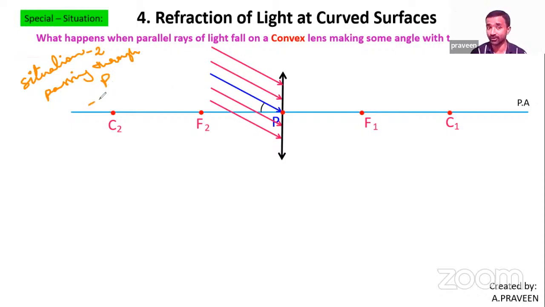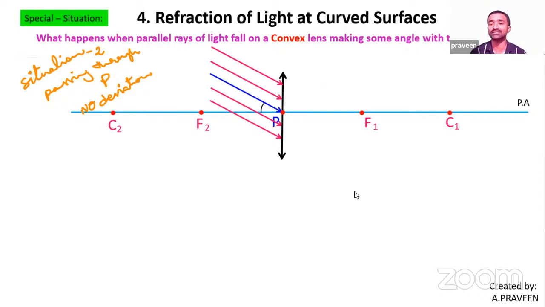In that, I know no deviation. Right? What I observed? No deviation. So simply we will go for that condition, no deviation. This blue color ray, light ray given with blue color, remains undeviated.